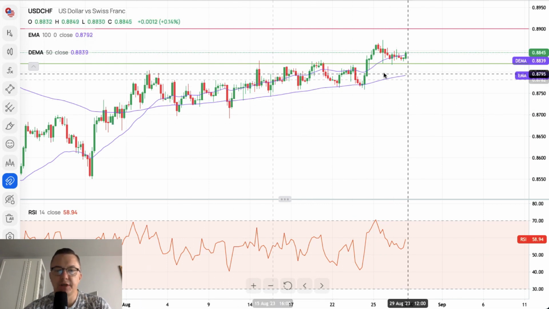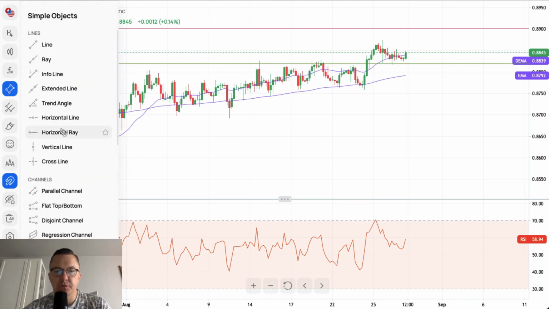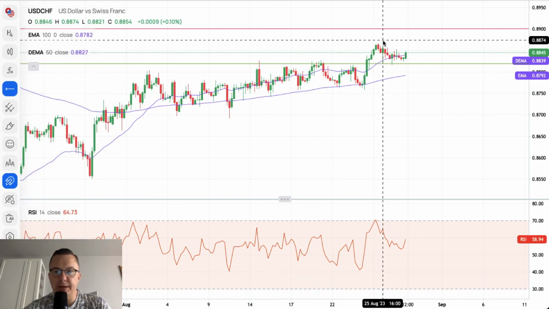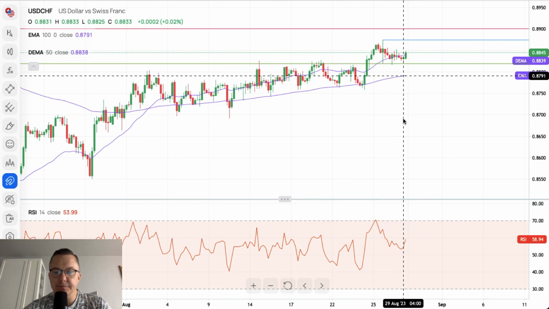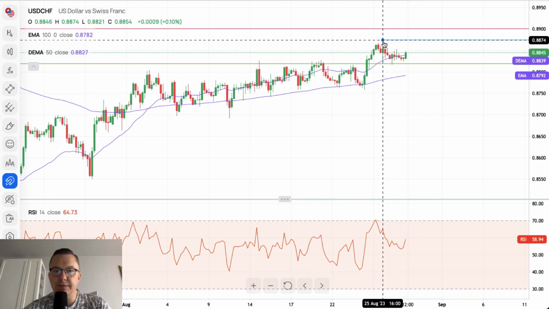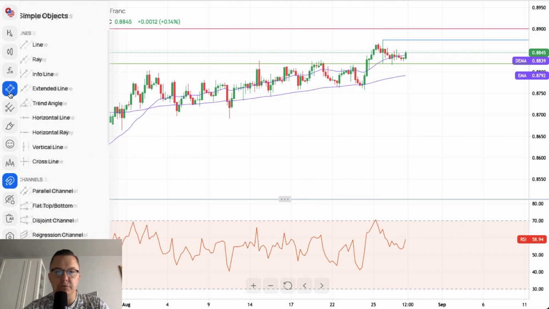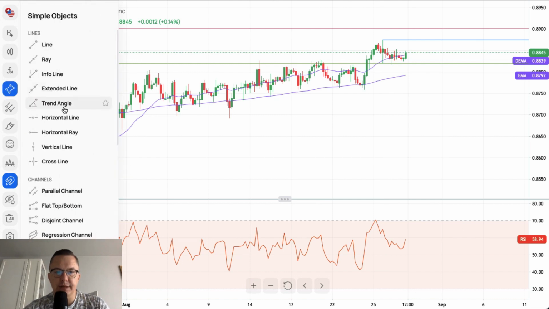So there is still a chance for another rally to the upside. If we apply our horizontal levels, one of them is 8,874, which is of course the local technical resistance.